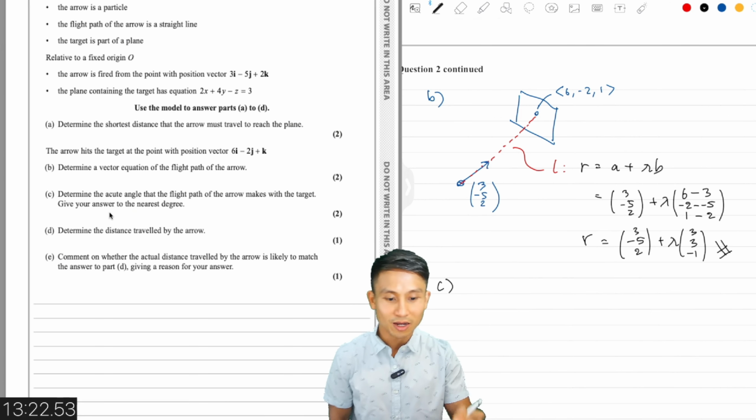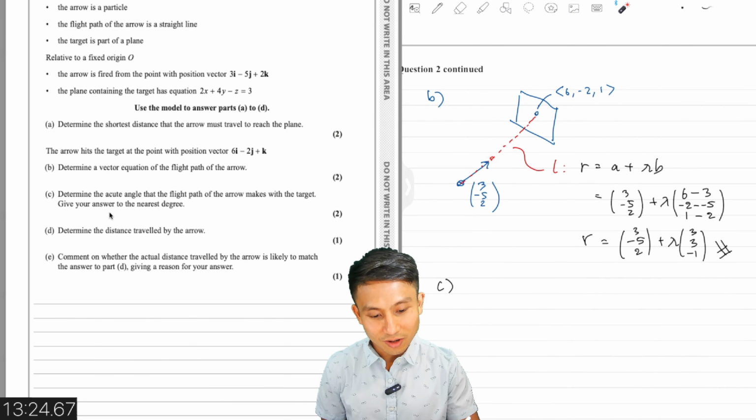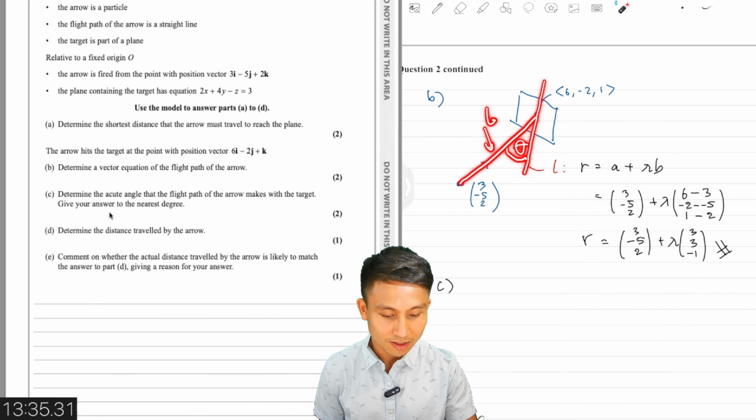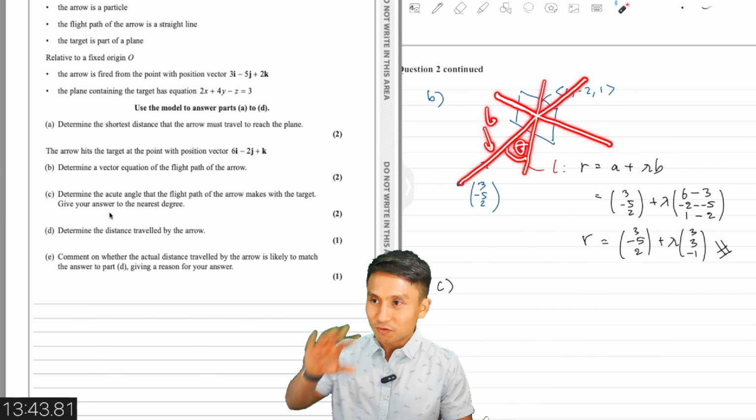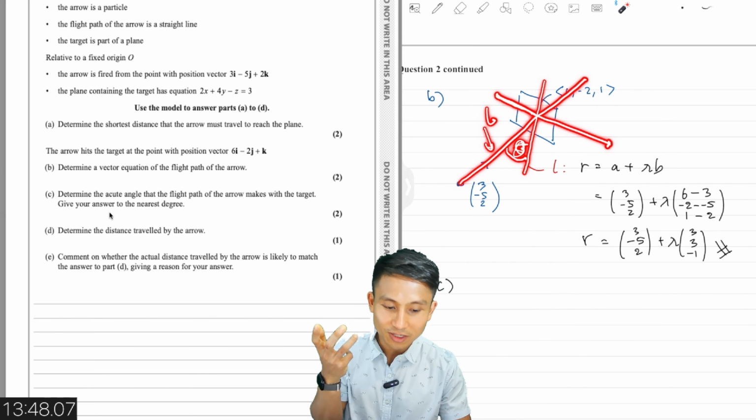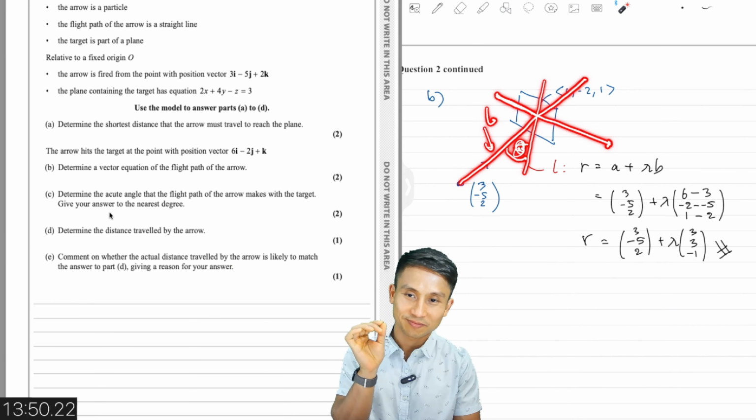We take the acute angle because if you flip the plane around or look from another angle, this angle theta will be the acute angle.